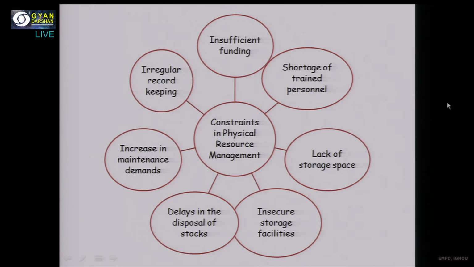So the constraints, the first constraint, that is the insufficient funding. When we look at the schools, whether it is government or private, we can see that many of the government schools lack many of the equipments. What is the thing is that they said that the lack of finance.